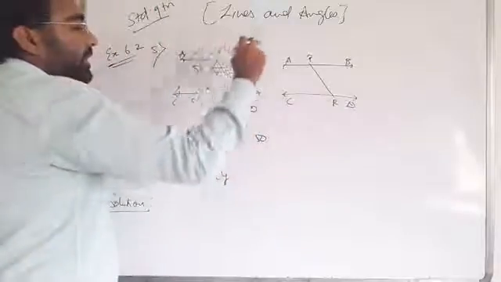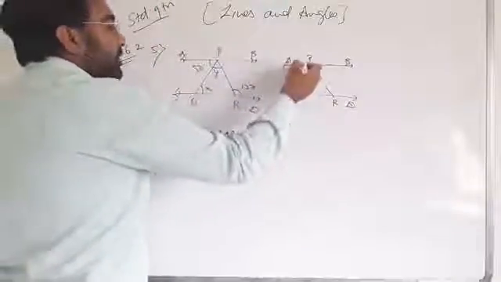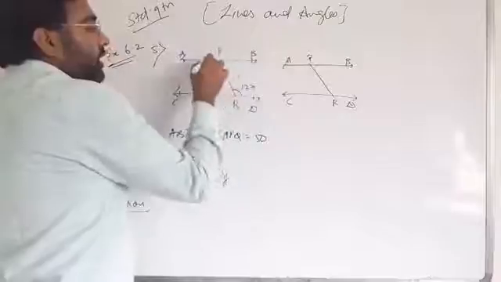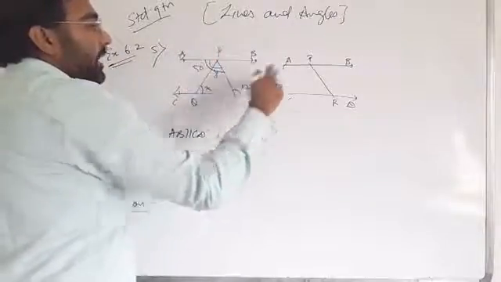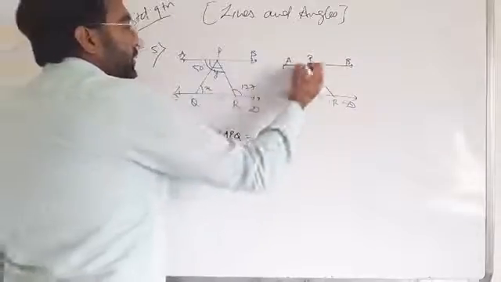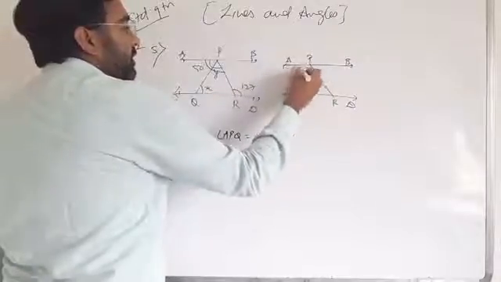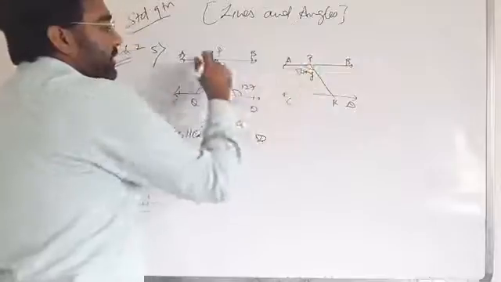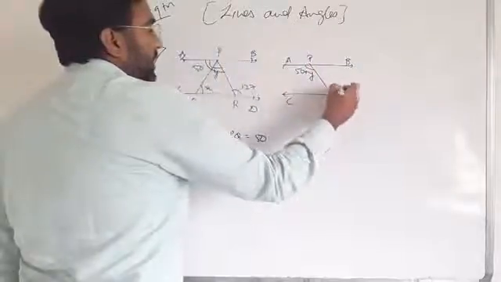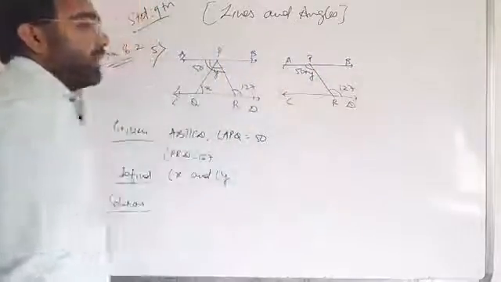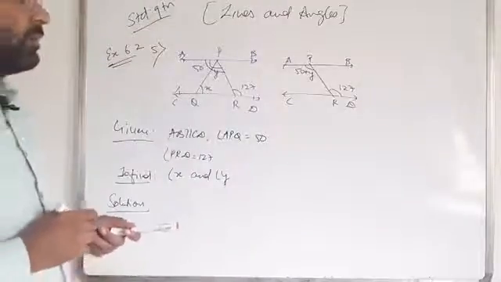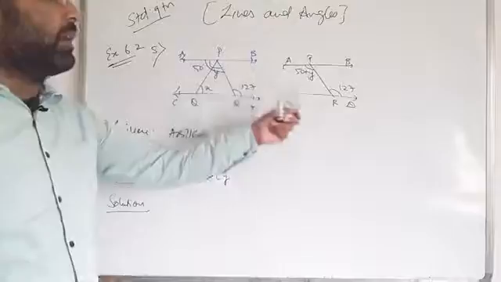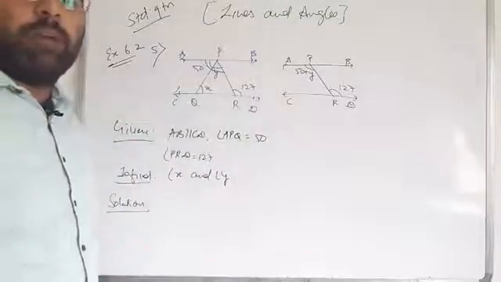If we take PR as a transversal, the figure is formed like this. Then my whole angle APR, that is 50 plus Y, is equal to angle PRD, that is 127 degrees.